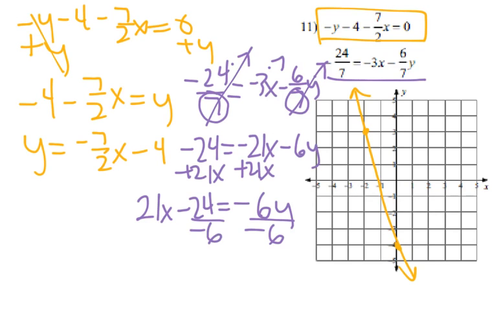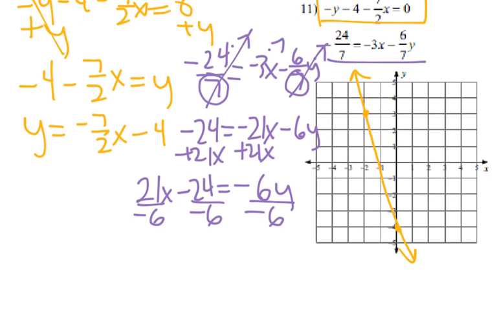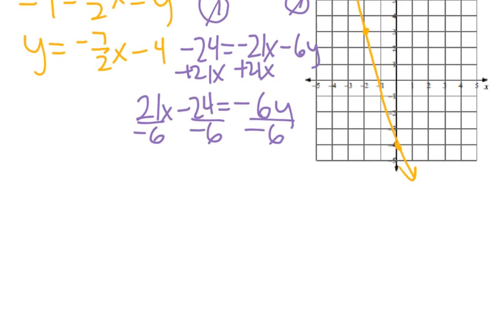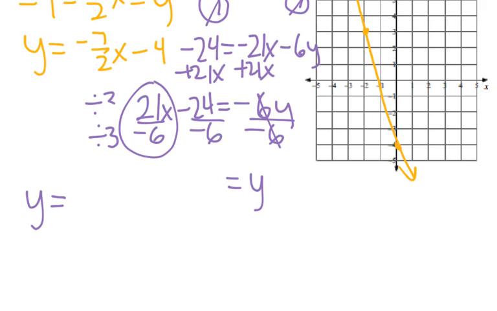Divide everything by negative 6. We'd end up with, or we could honestly just switch it onto the left side and go y equals. This right here, we could divide them both by 3, and that would be 7 over 2x.